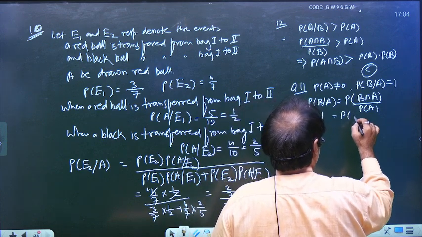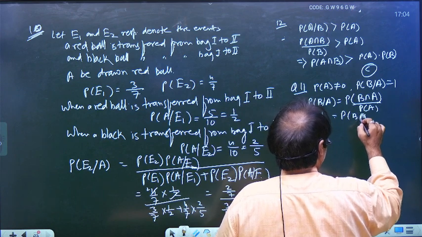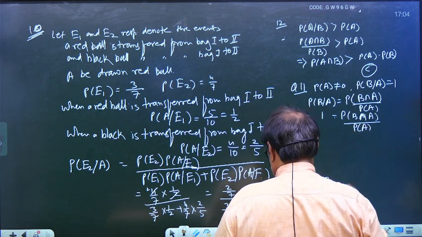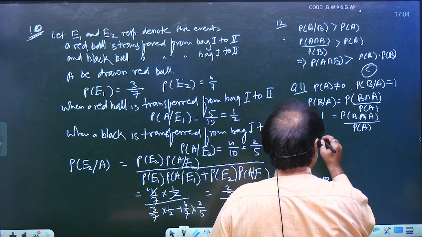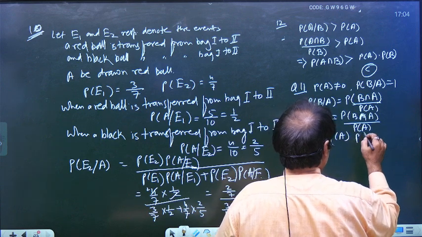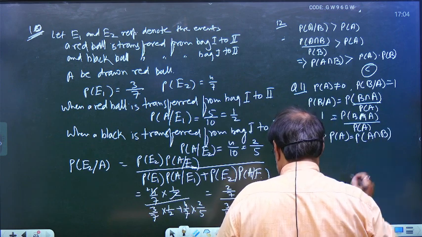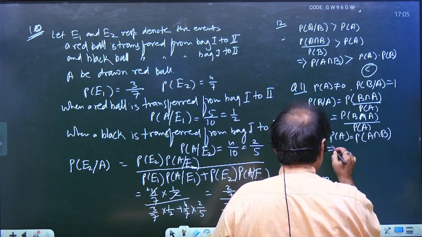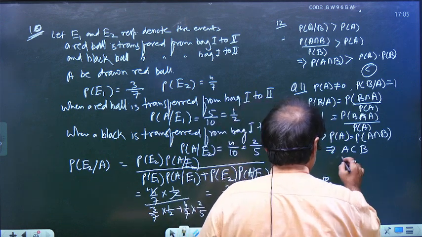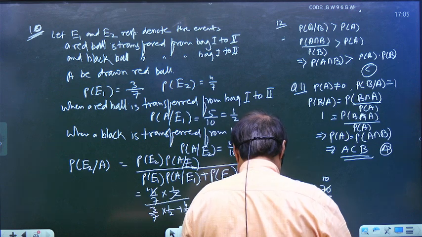So this implies that probability of A is equal to probability of A intersection B. So it means that A is a subset of B. So A is the correct option.